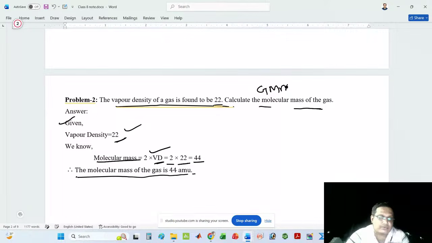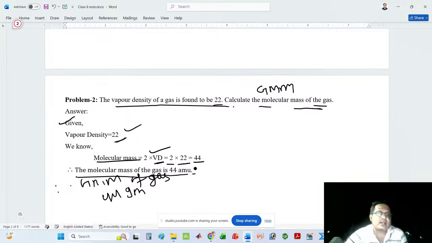Therefore, the gram molecular mass of the gas is 44 gram, because the molecular mass is 44 AMU. Just change the AMU into gram and you can find the gram molecular mass of the gas. Your answer is 44 AMU for molecular mass.